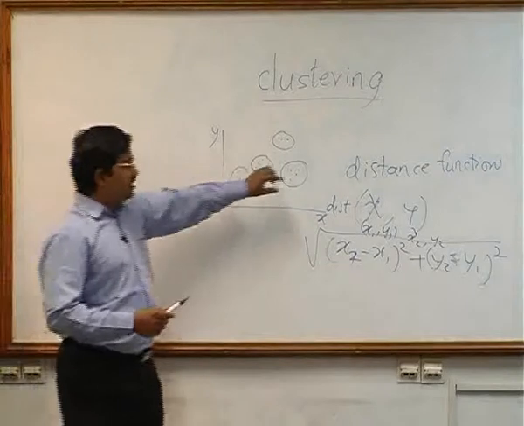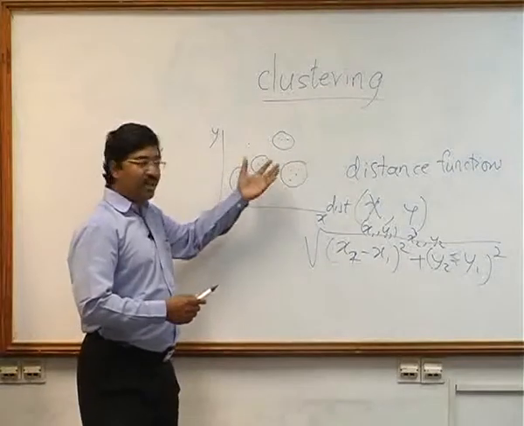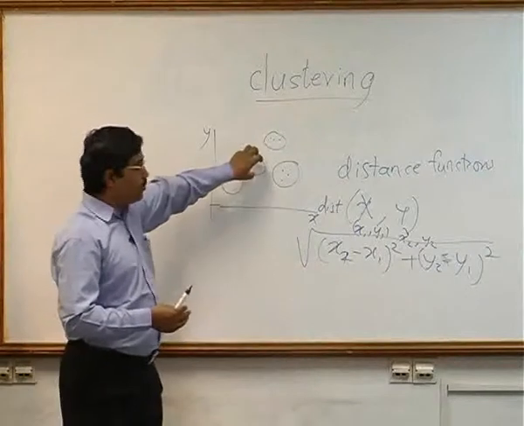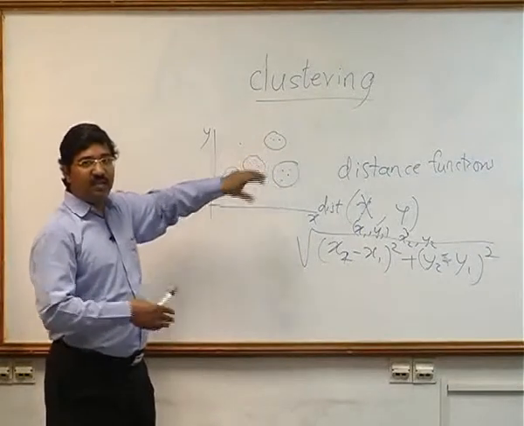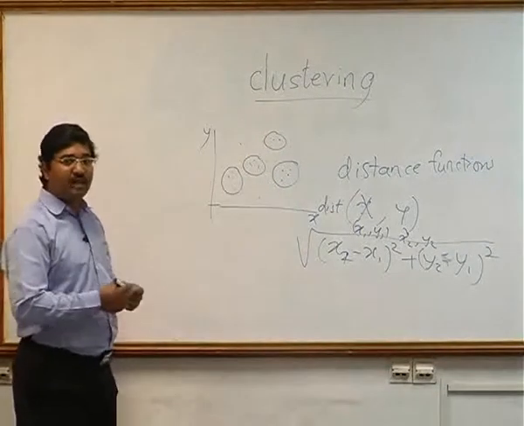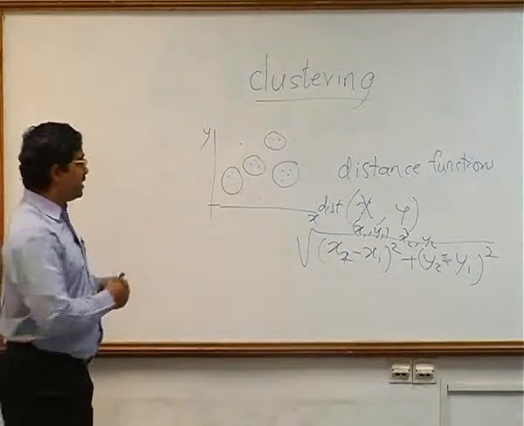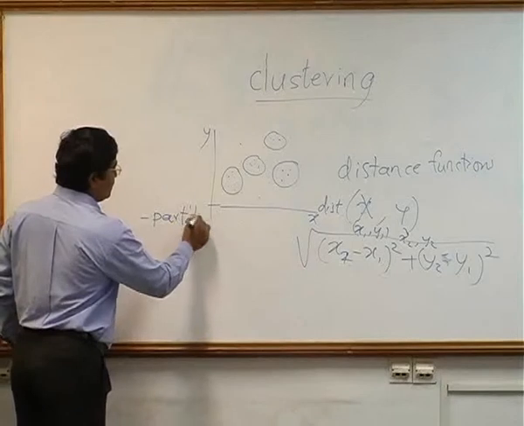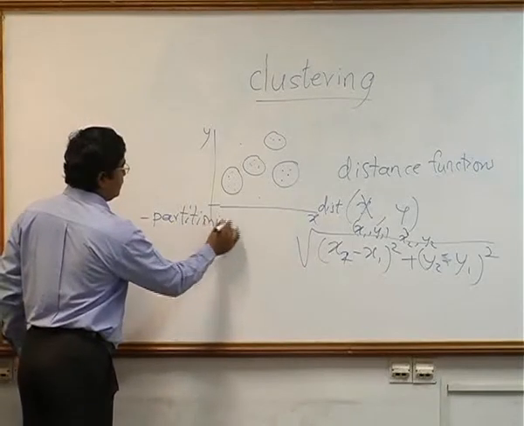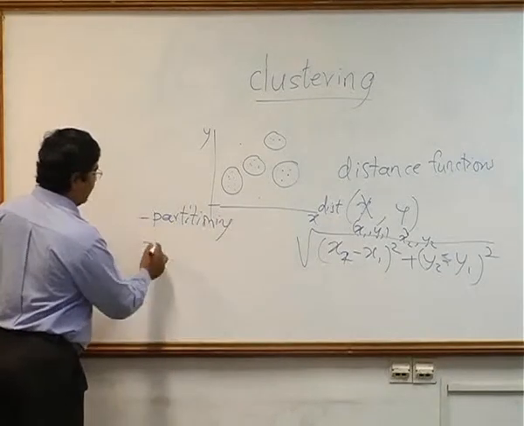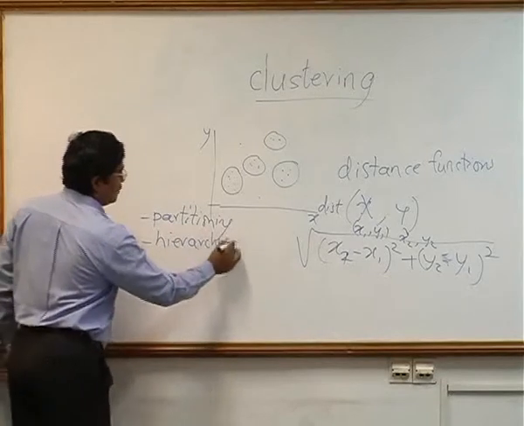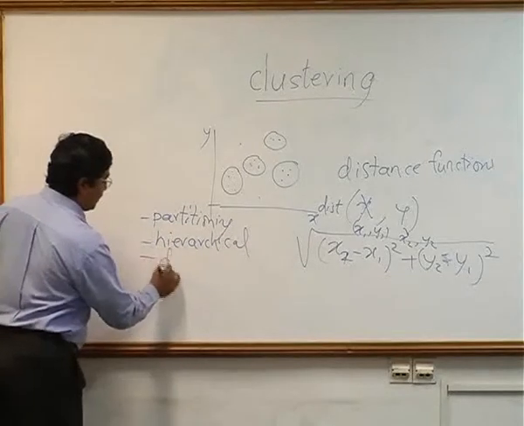Now, given a distance function like this, and given a lot of data points, you need to come up with algorithms which will group nearby points into clusters. There are lots of different kinds of algorithms: partitioning algorithms, hierarchical algorithms, and density-based algorithms.